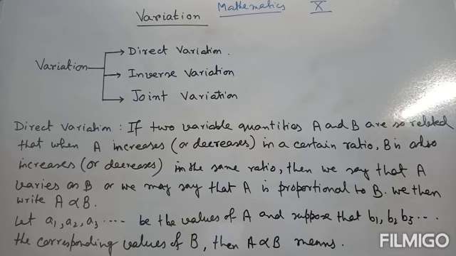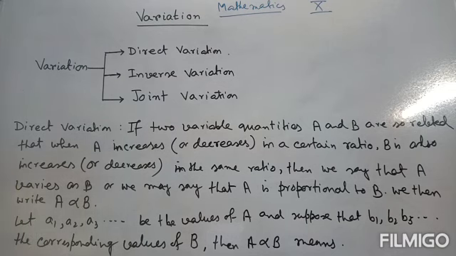By a variable quantity, say x and y are two variables, we mean a quantity which is capable of taking different values under different situations.